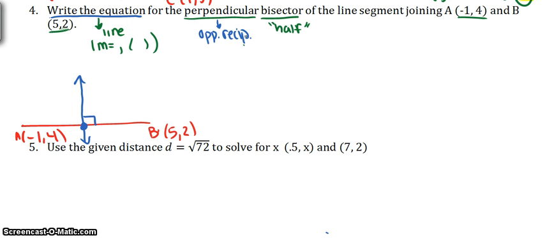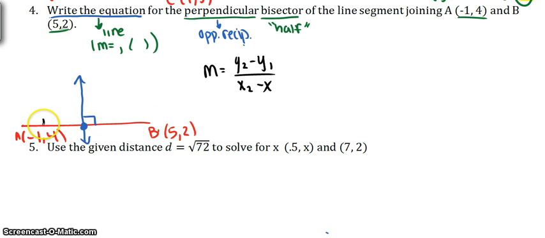So in order to calculate that, we do need 2 points. So I guess we're going to have to calculate the slope of AB and then take the opposite reciprocal for our perpendicular bisector here. So this will be a nice little review of Algebra 1 and lines. To calculate the slope here, you need to take your rise over your run, which is really your change in y divided by your change in x, or y2 minus y1 divided by x2 minus x1.